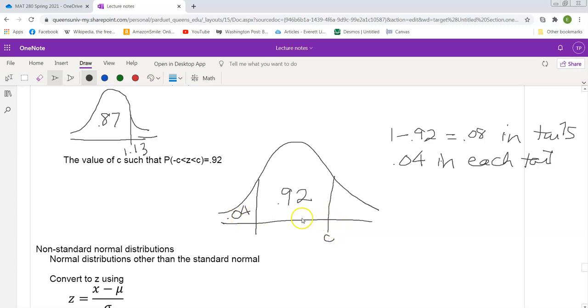I'm looking for the value with 0.92 plus this 0.04. So I'm really looking for 0.96 if you add those two together. And it's always going to work that way. So we're going to look up 0.96 on the table.